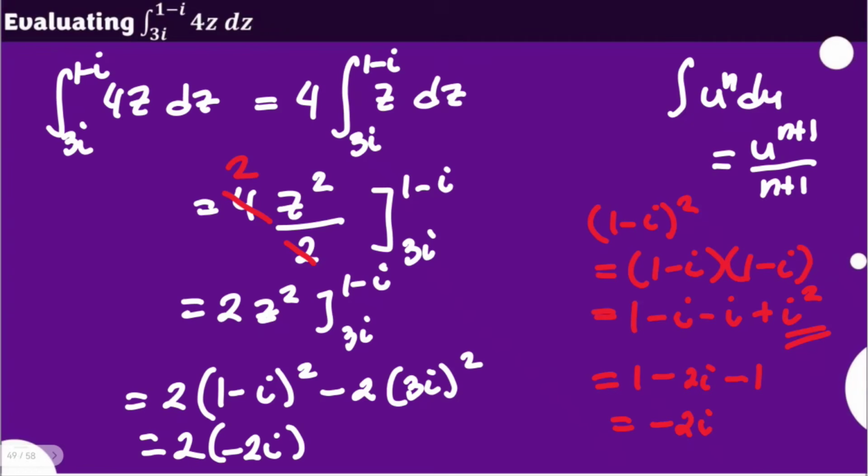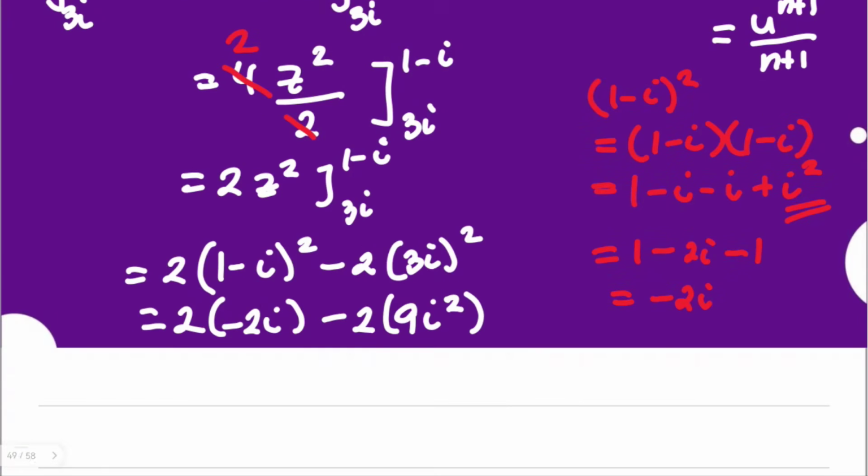As for the second, of course, this is equal to 2 times 9i squared, which is again, i squared is negative 1. So you will have here negative 4i.